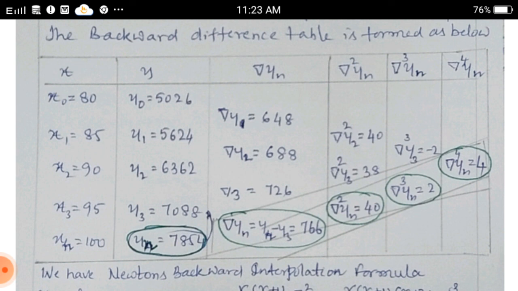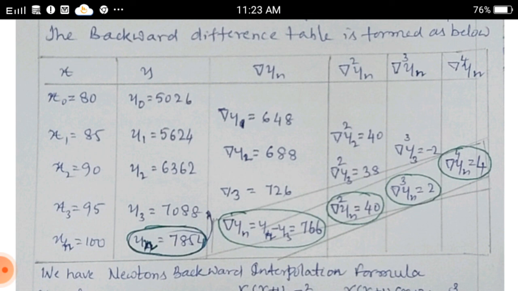Delta square y3 is equal to delta y3 minus delta y2, 726 minus 688 is equal to 38. Delta square y2 is equal to delta y2 minus delta y1 is equal to 688 minus 648. We get the second order backward differences. The last value of that column is delta square yn is equal to 40.